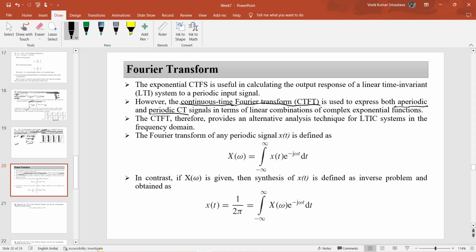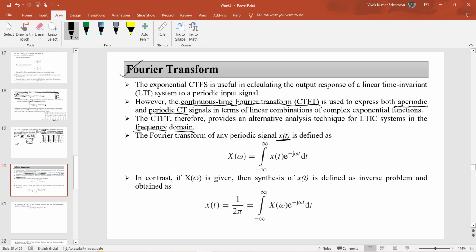For analyzing any signal which is aperiodic or periodic, we will represent the signal in the corresponding frequency domain. We will transform the signal into the frequency domain and then analyze it. That's why the Fourier transform is important.